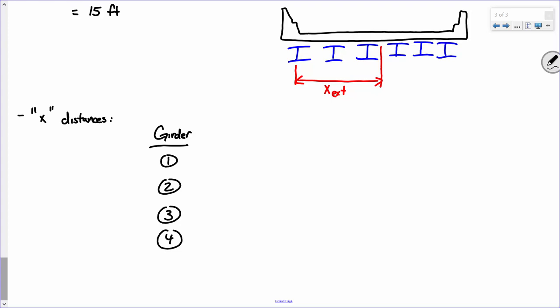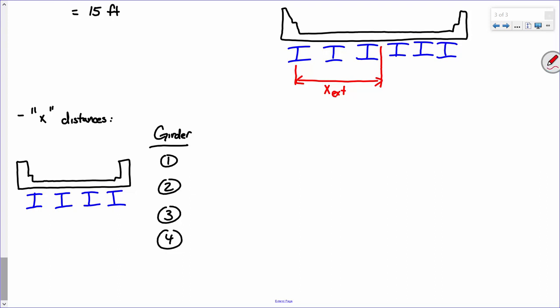Now, what we're going to do is this. Let me draw a little picture to illustrate what's going on. So I've got 1, 2, 3, 4.